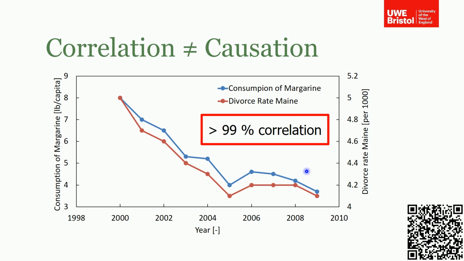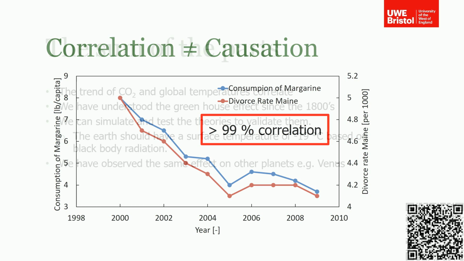And no one for a second believes that if you want to improve your chances of a more successful marriage if you lived in the state of Maine, you'd start eating less margarine. This is clearly a freak graph, illustrating that correlation doesn't equal causation. And if you follow this QR link, there are several more on this site, which are a bit silly and a bit fun. So yes, completely agree that correlation doesn't equal causation.